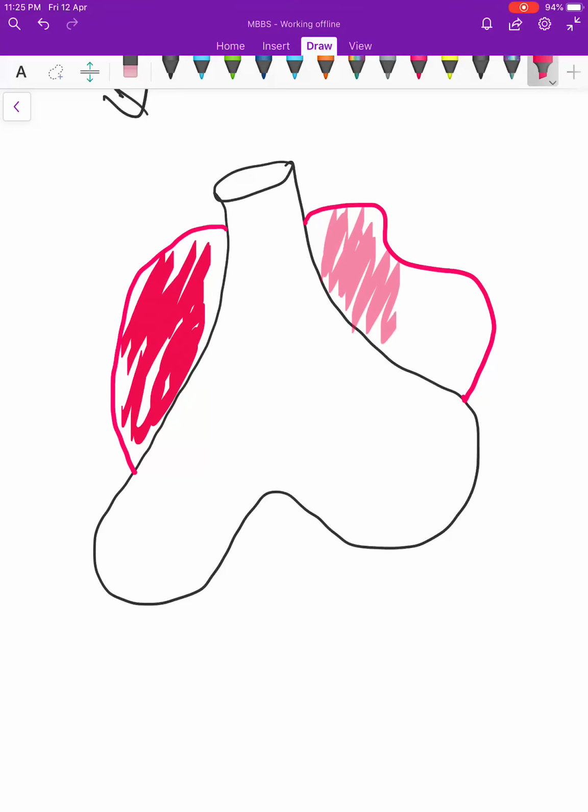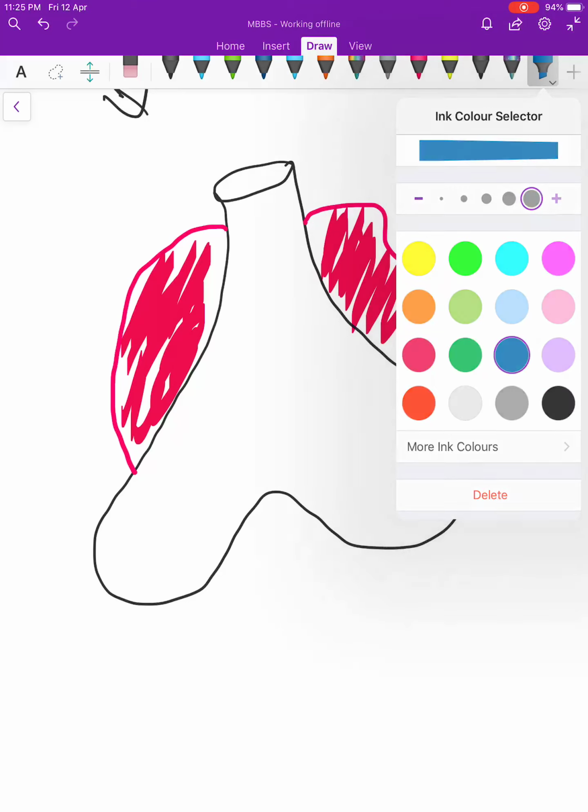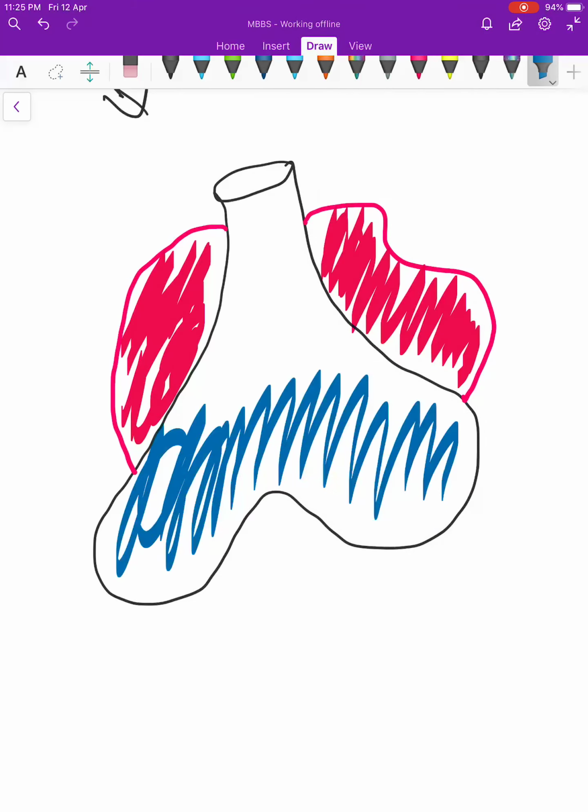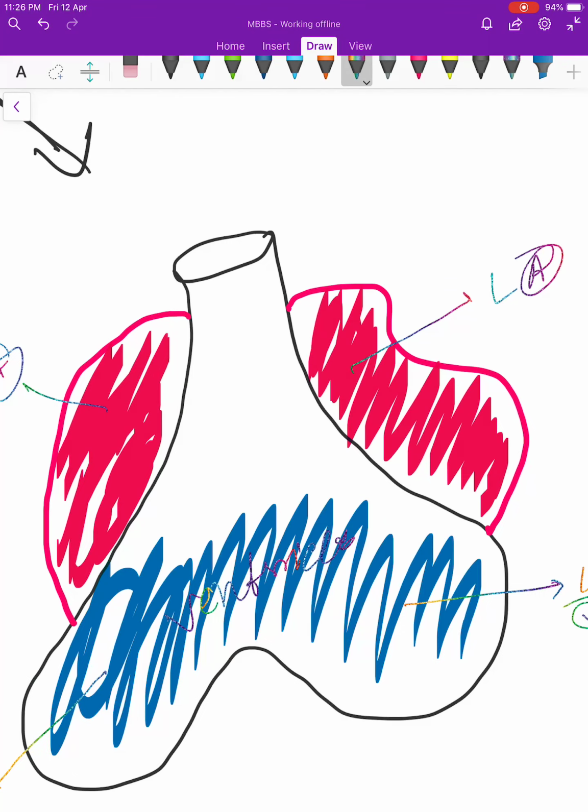Okay, so this is the left ventricle, this is right ventricle, this is left atrium, this is right atrium, this is the truncus arteriosus.